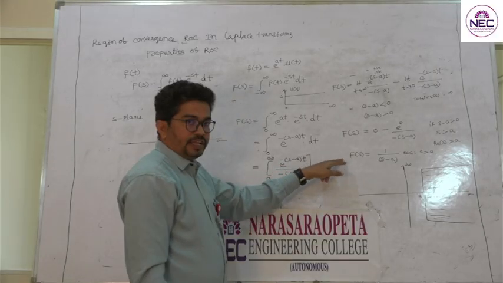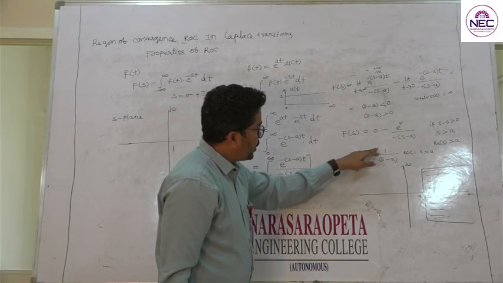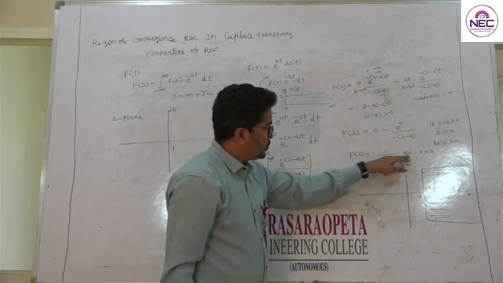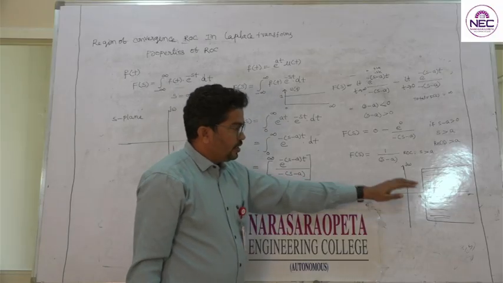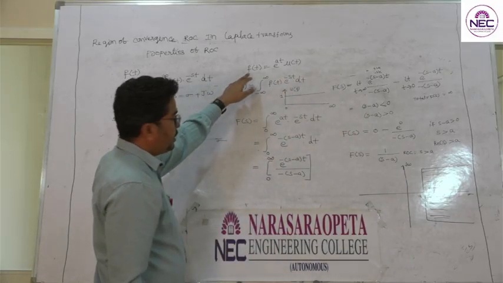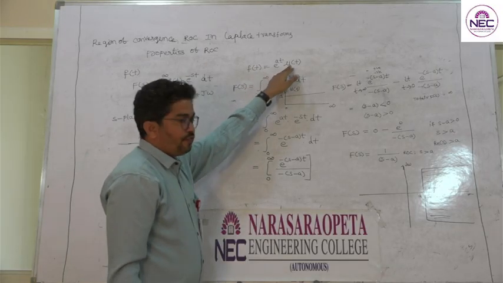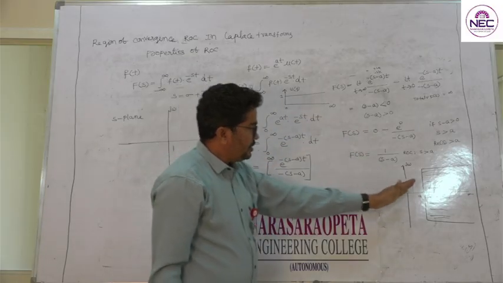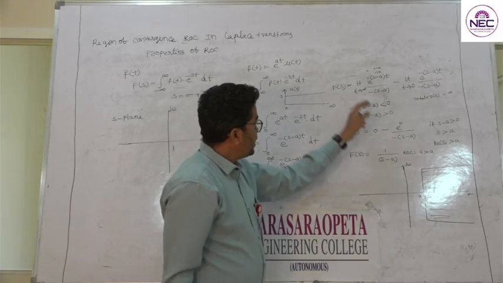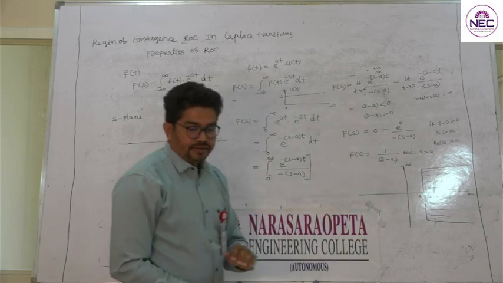Here the transform value F of s equals 1 by s minus a, ROC s greater than a. This is a right sided ROC. Here f of t is e power at into u of t, a right sided signal. For a right sided signal, the ROC is right sided.